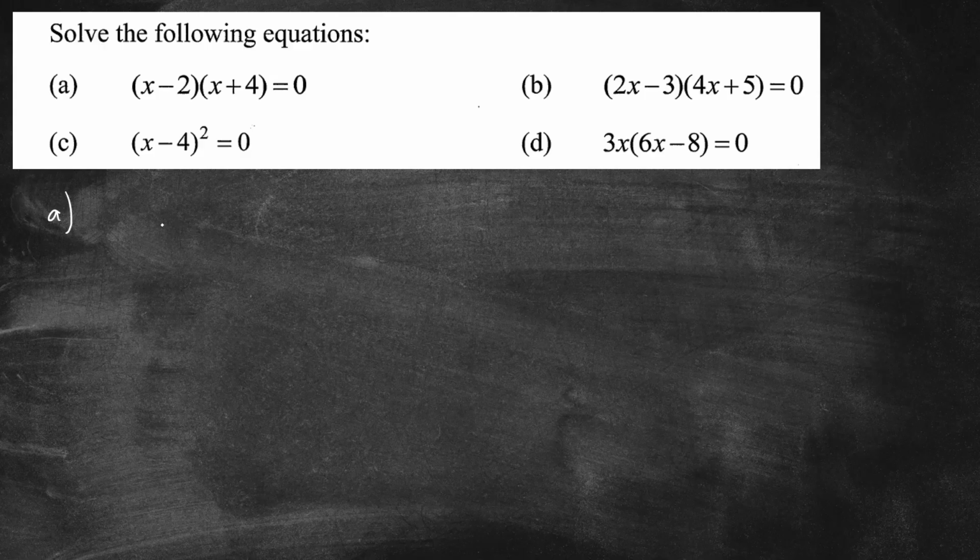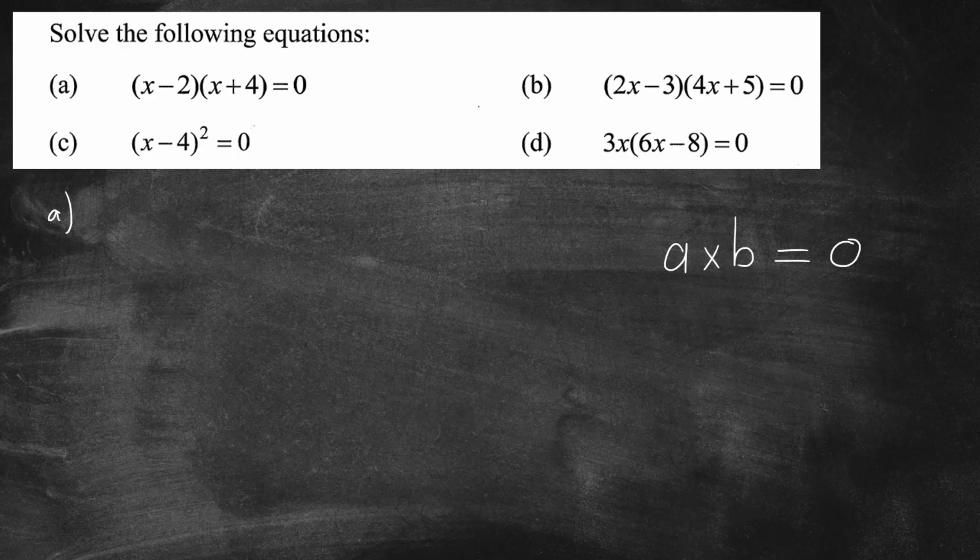But remember, our aim is going to be to put it in a factored form. Now, just to backtrack a bit, why do we want it in a factored form? There's a certain principle that we're going to use to solve these equations. If I have two numbers, let's call them A and B, and I multiply these two numbers and my answer is equal to 0, the fact is that in order to get to 0, either A or B must be 0.